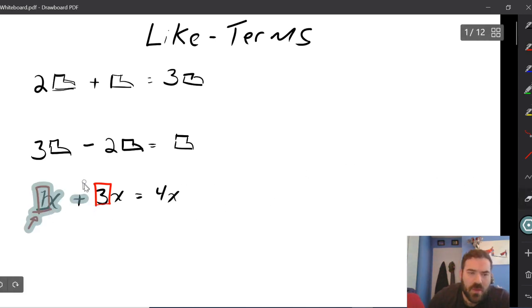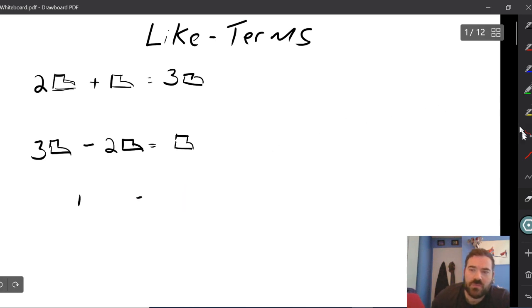So here I have 3 shoes minus 2 shoes up here. So negative 2 is the coefficient here, 3 is the coefficient here, and I'm taking 3 shoes, subtracting 2 shoes, and I get 1 shoe, although we don't always write the 1 in front, so it's just a single shoe.